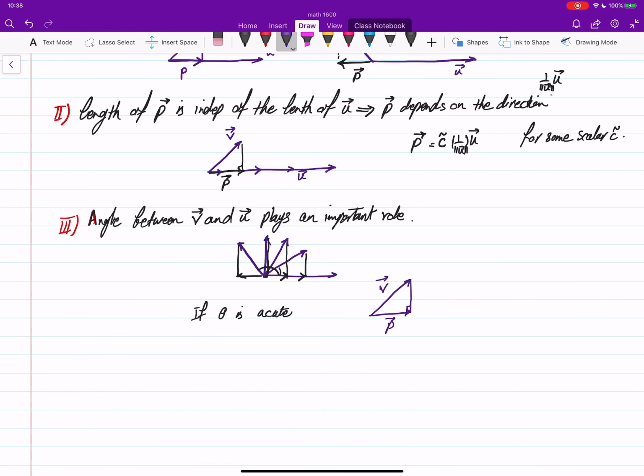Well, then we have a right angle, and this is the same angle between U and V. Then we can use the definition of cosine theta. It means that cosine theta is the length of the adjacent side to the hypotenuse. In other words, the length of P is the length of V cosine theta.